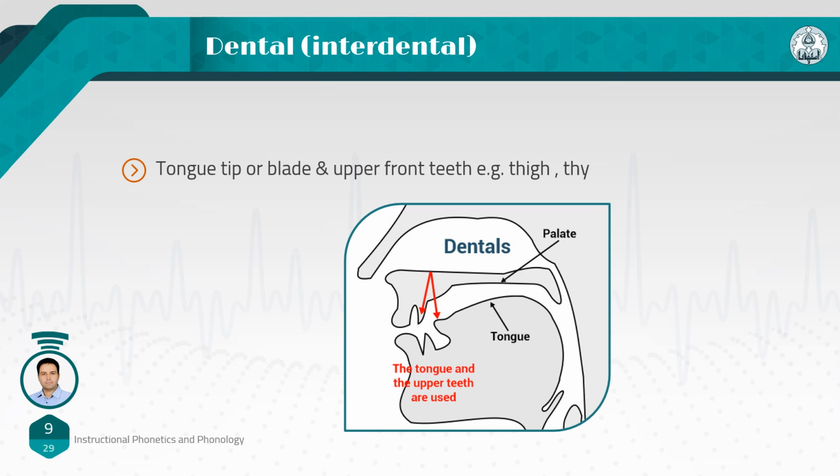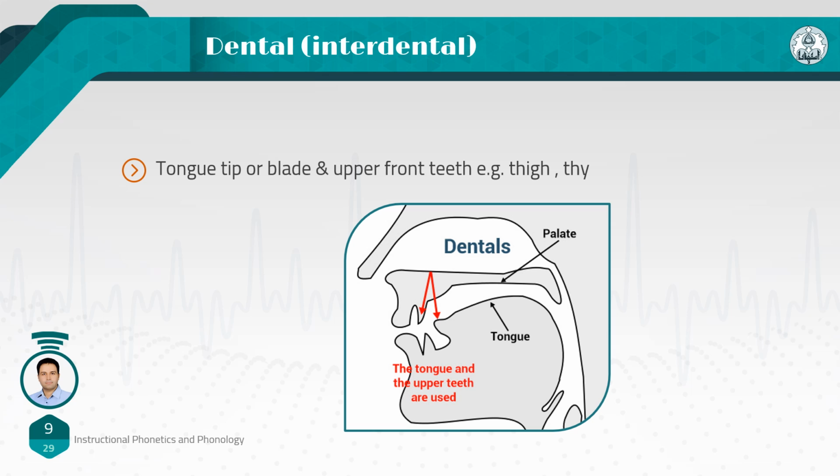Others, that is, most speakers of British English, have it close behind the upper front teeth. Both sounds are normal in English, and both may be called dental. If a distinction is needed, sounds in which the tongue protrudes between the teeth may be called interdental.